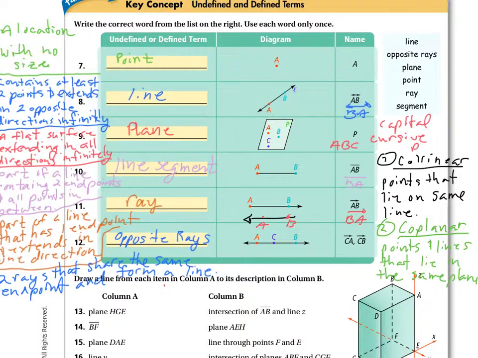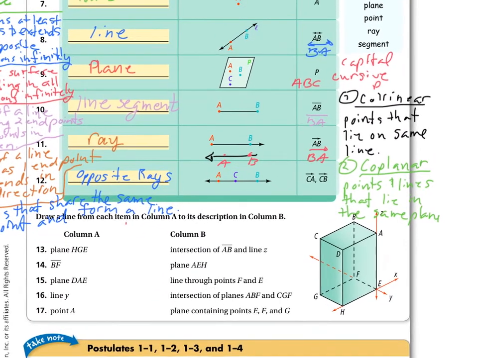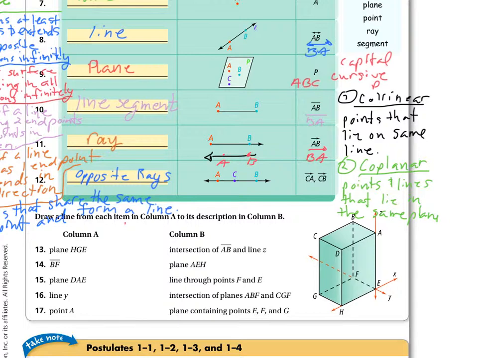And then the last definition, and then you'll be definitioned out, is space. And space is the set of all points in 3 dimensions.